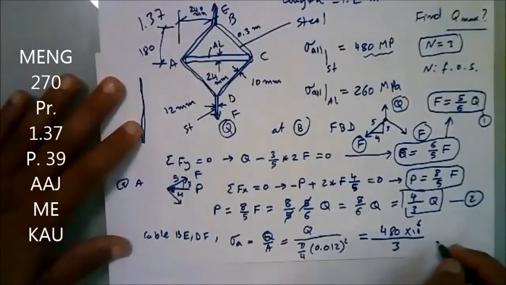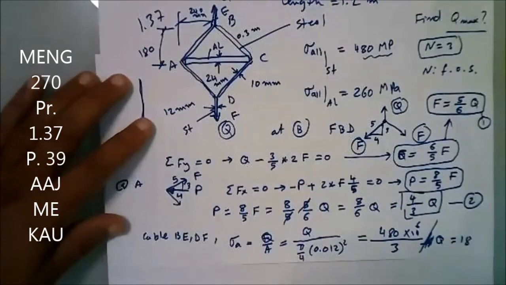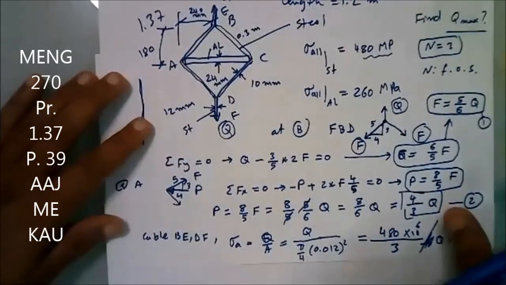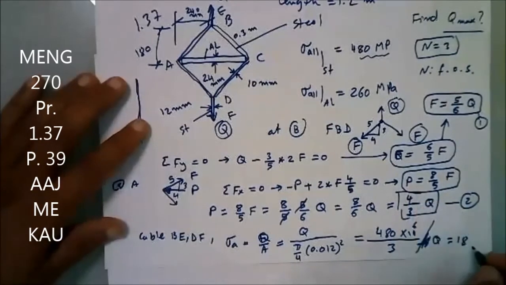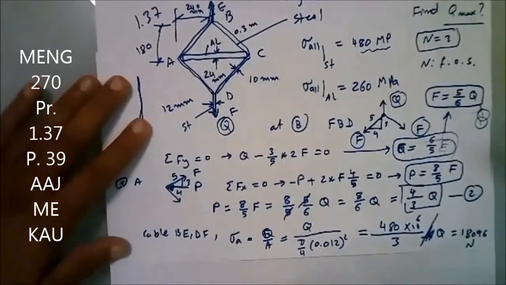Can someone tell us what Q would be here? 18,95.57. 18,000 and 95. Okay. Let's say based on the loop.